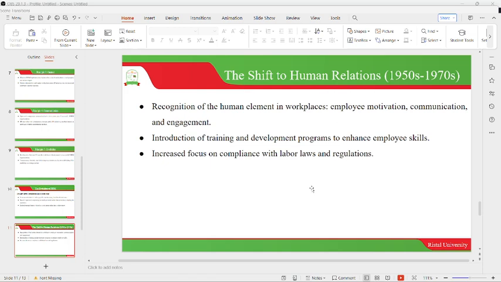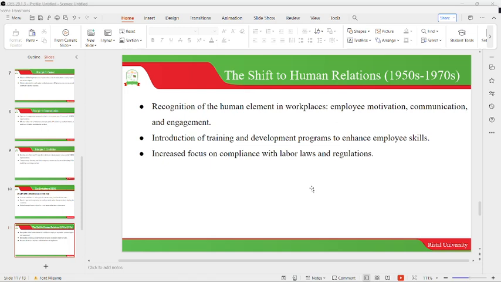It can be in terms of having a friendly working environment. It can be in terms of job satisfaction. They make sure that employees are satisfied with their job. It can be also in terms of employee welfare. So these are some of the elements of motivation from 1950s to 1970s. So that is called the shift to human relations, from transactional now to human relations.